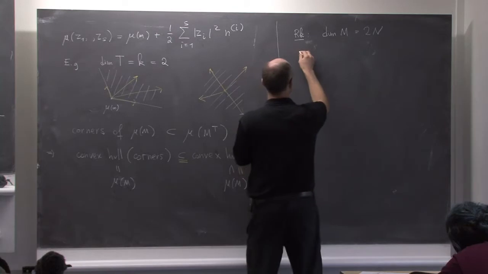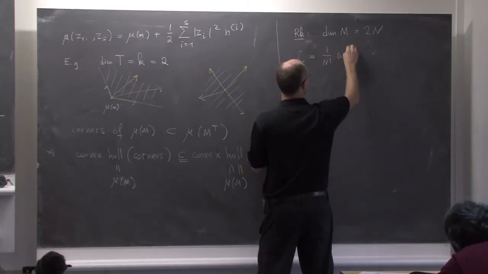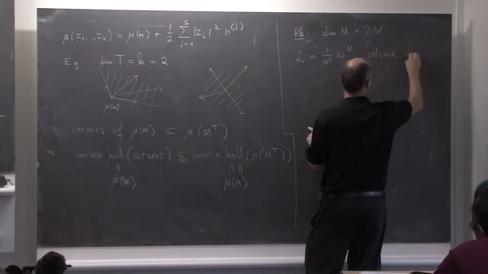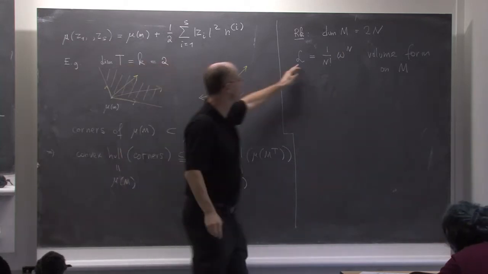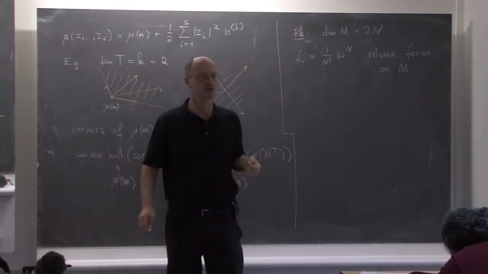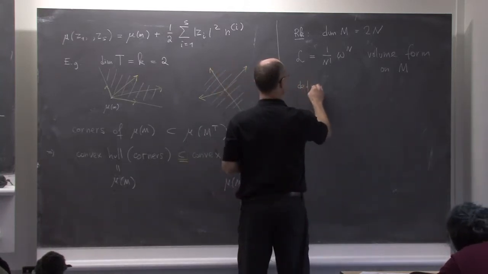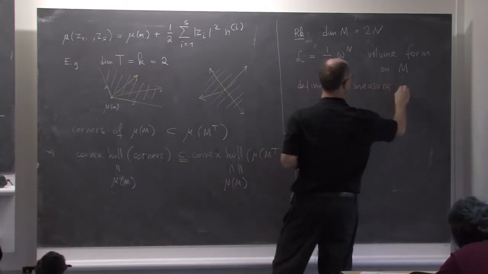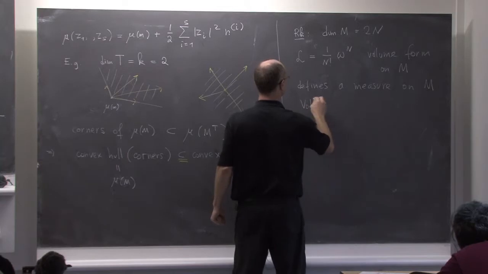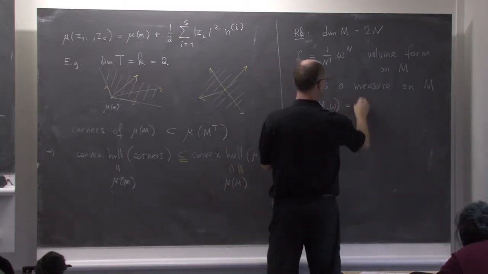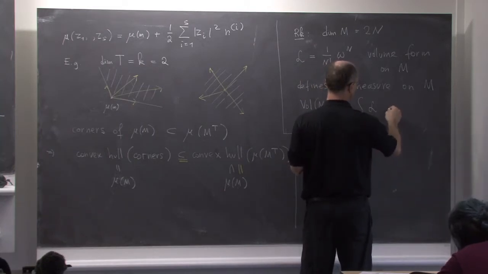And let me recall that we have the Liouville volume form on M. In fact, perhaps it's just a matter of terminology, we can think that this volume form defines a measure on M. And since M is compact, the volume of M, the integral over M of the Liouville form, is finite and positive.